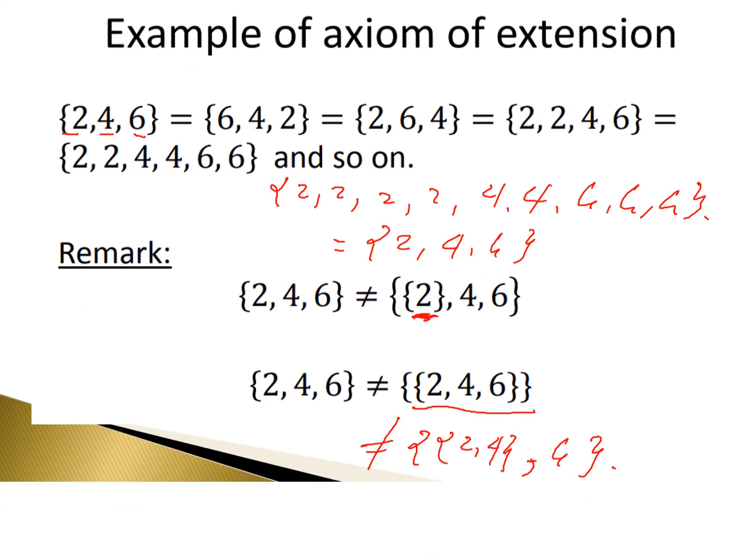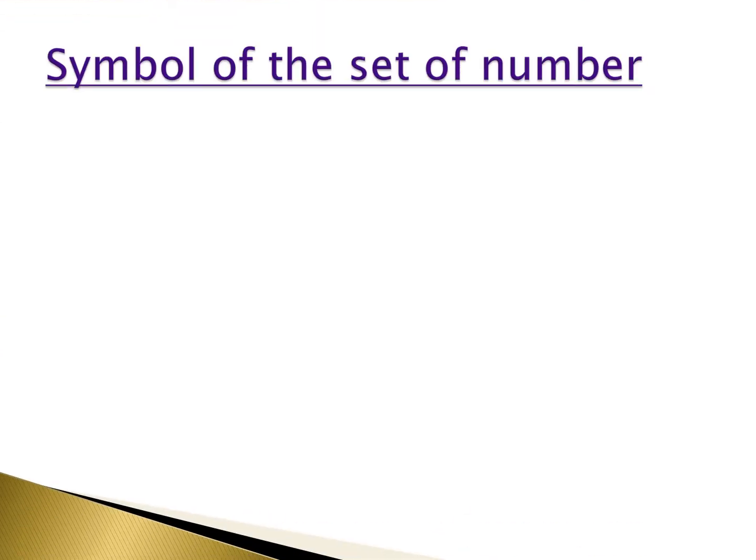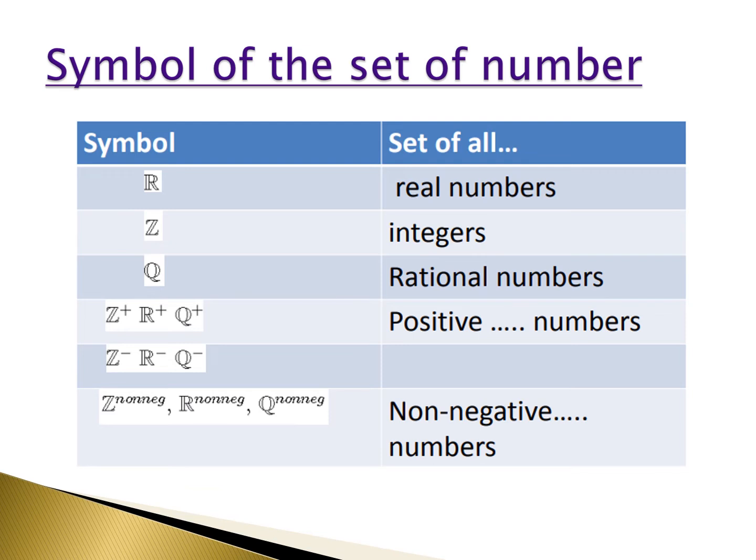Next, we have the symbols for sets of numbers. The symbol for the real numbers is R, the integers is Z, and the rational numbers is Q. The positive numbers are those with a plus on top of the symbol, whereas the negative numbers are those with a minus on top.